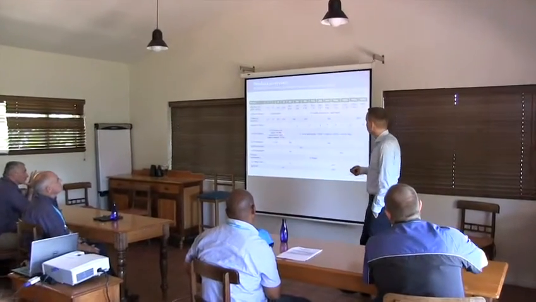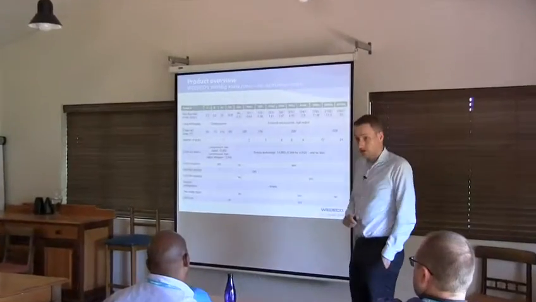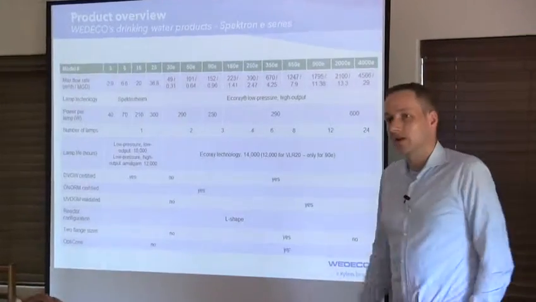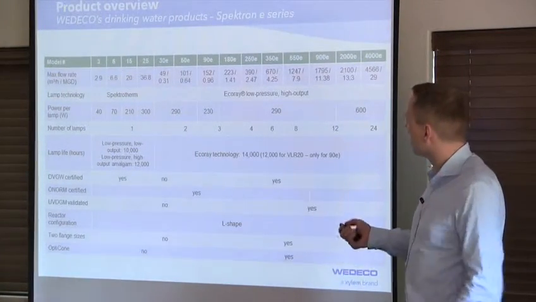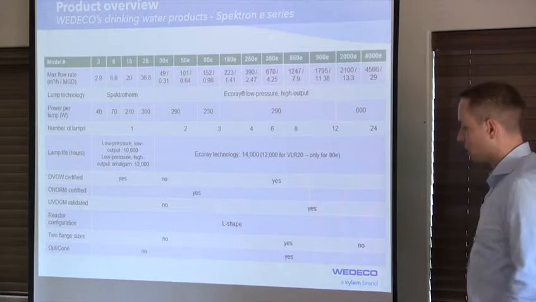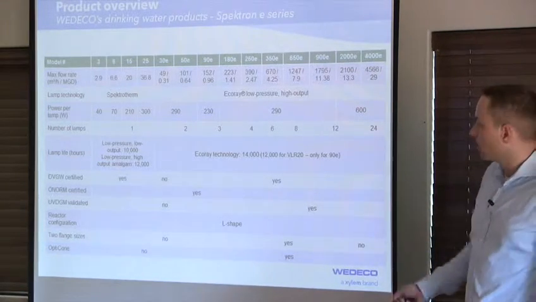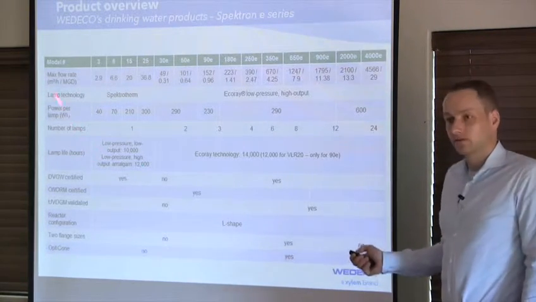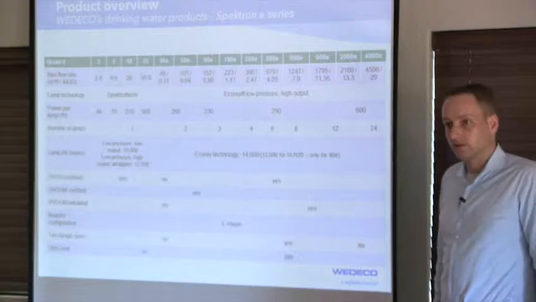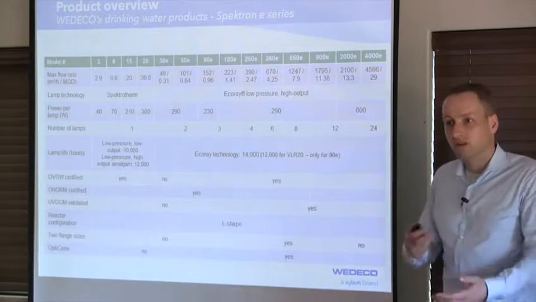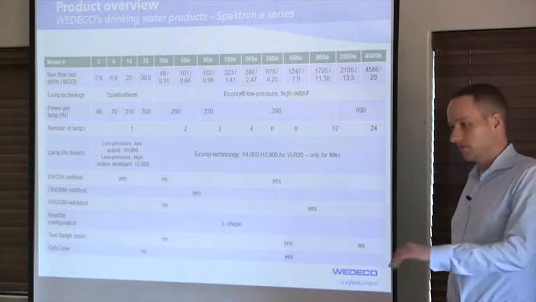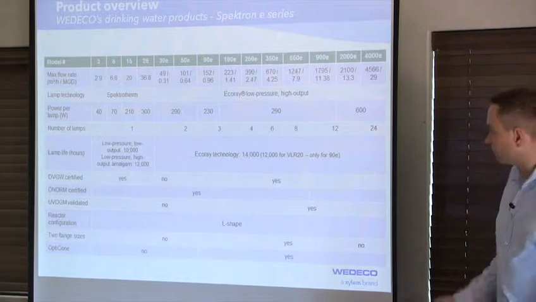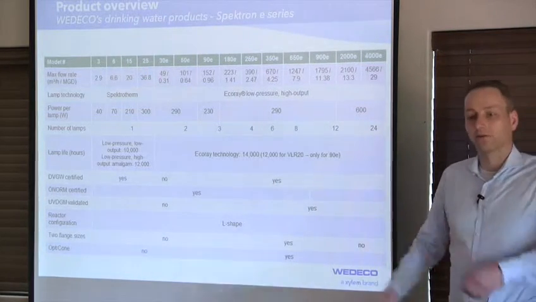Those systems, there's not much to them, but we have them certified for DVGW, and what typically is, these you can directly select out of a flow table. You have a flow table that shows, okay, up to this flow at this UVT, the system is DVGW certified, so it makes selling, especially the small units, very easy. So you don't need really a system designer if you have the UVT, and if you know, okay, I want broad spectrum disinfection, then you can select them directly out of a flowchart.